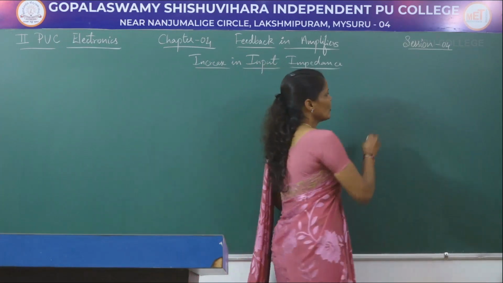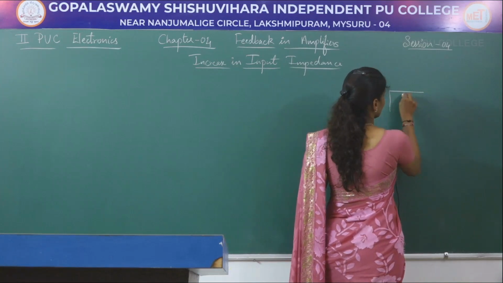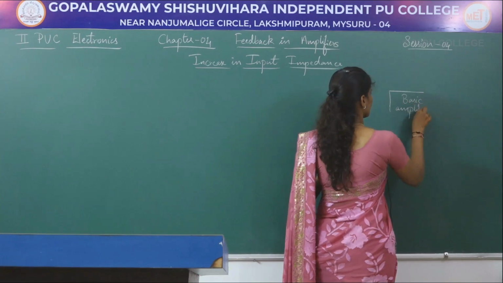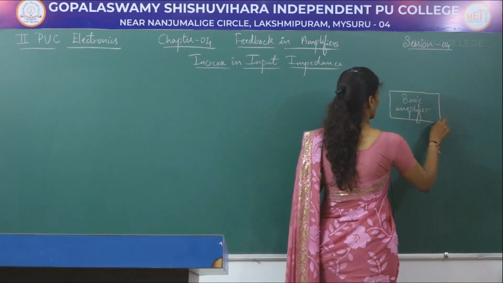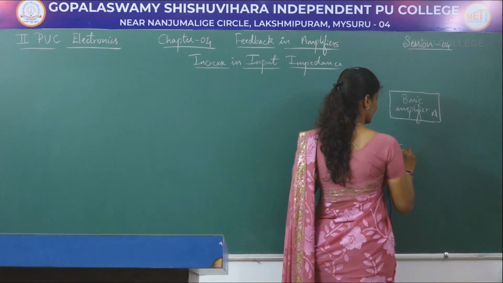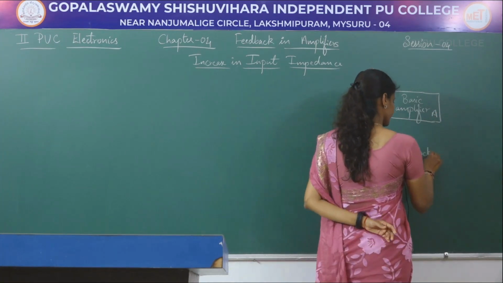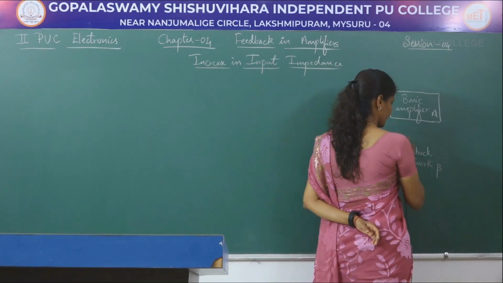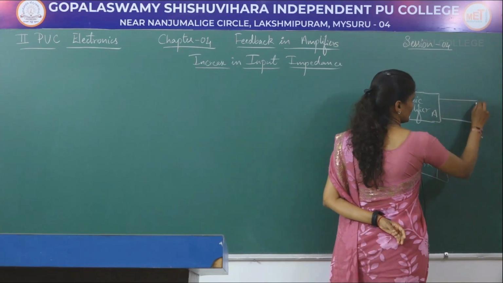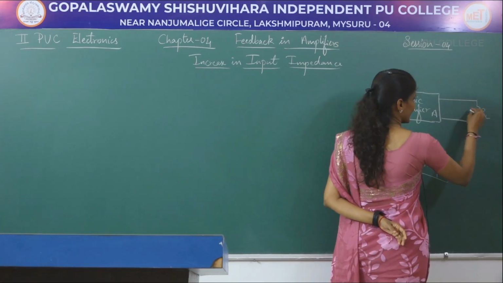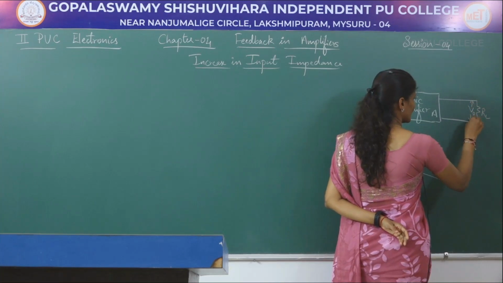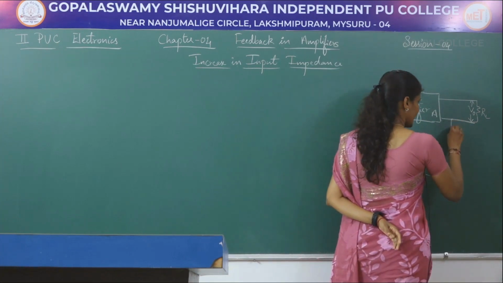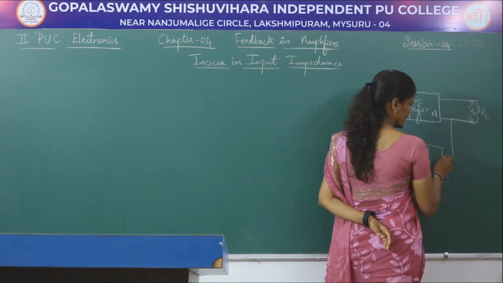So, let us take this circuit, a basic amplifier, which is having a gain of A. And here I will be having one feedback network which is having a gain of beta. Here we will be having a load resistor RL across which the output voltage will be calculated, and the voltage will be fed back to the input.